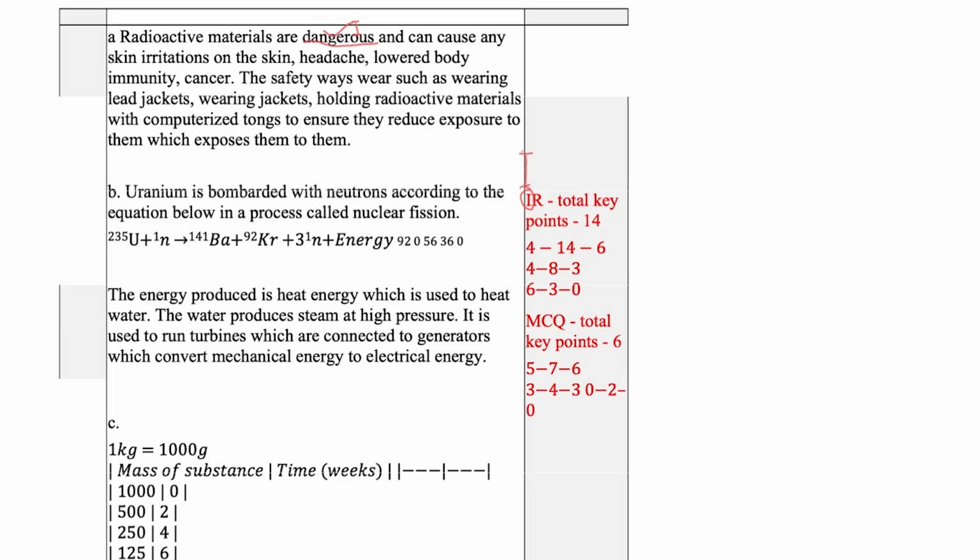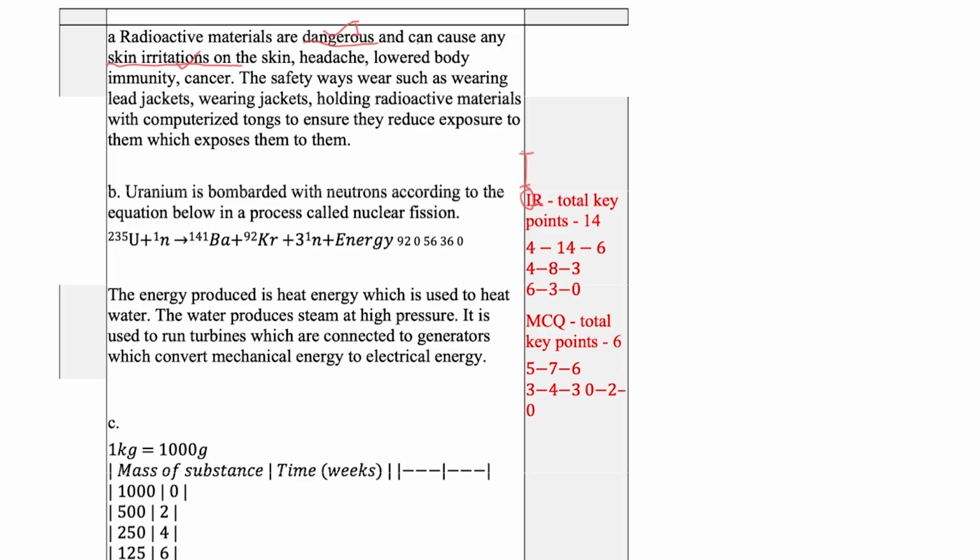So I've identified our problem was that radioactive materials are dangerous. This R here stands for reasoning. After saying that yes, they are dangerous, now how do you reason out to a person that they are dangerous? 1, they cause skin irritation. So that is your reasoning.